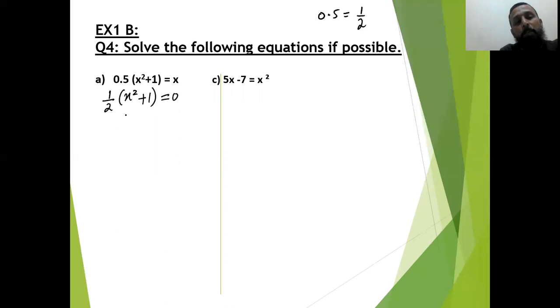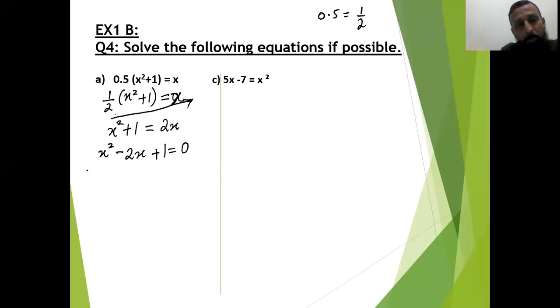Now in the next step, cross multiply this denominator 2 over there, so that it gets multiplied with x square plus 1 equals 2 multiplied by x is 2x. Bring this 2x on this side, x square minus 2x, and then plus 1 equals 0.